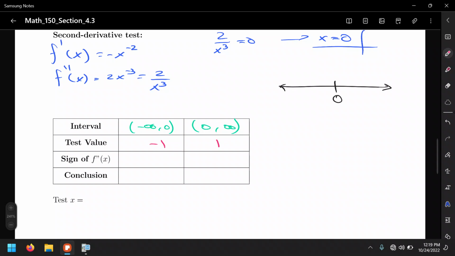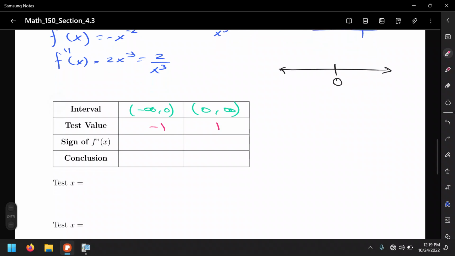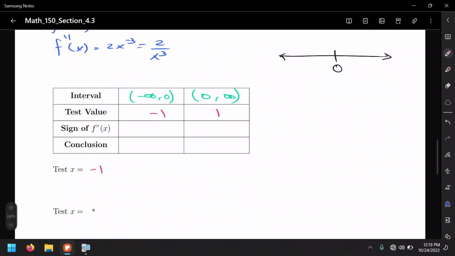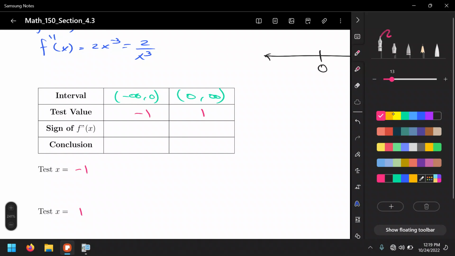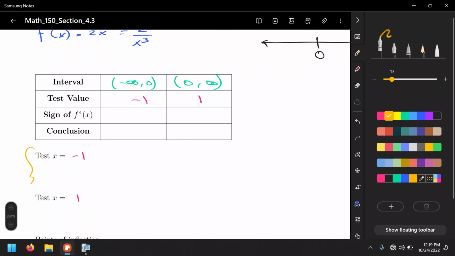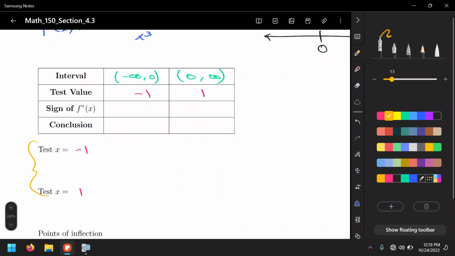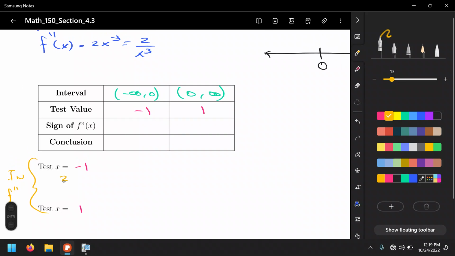Let's determine the sign of f double prime in this case. We're going to test -1 and 1. Where are we going to test this? Since we're looking at the second derivative test, we're going to test in f double prime. That is 2 over (-1)^3, which is 2 over -1, which is -2.